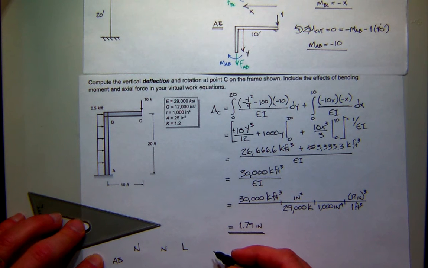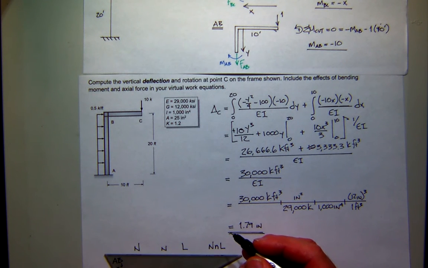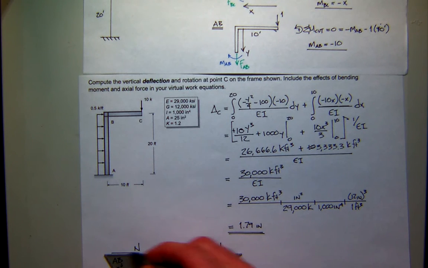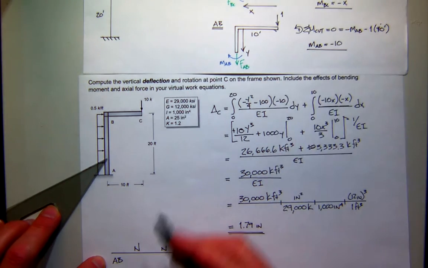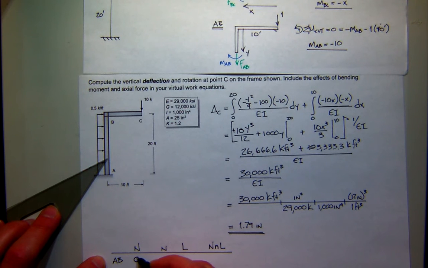I need to divide it by A over E, right? So right now I'll just come up with this term. So let's create a quick little table and see what we get. So in AB, the real force was 0, 0, 0. Hey, that was easy.